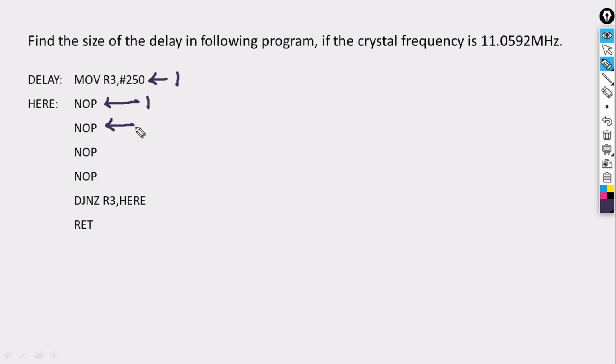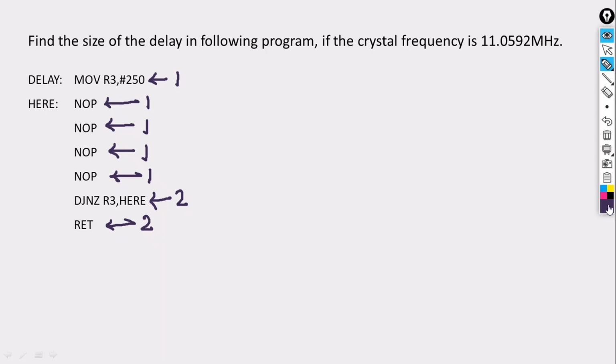This is going to be one machine cycle. Again this is going to be one machine cycle. Again one machine cycle. Here we are having DJNZ, so this is going to take two machine cycles. And this is again going to take two machine cycles.